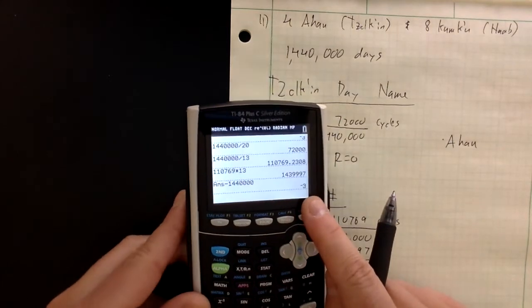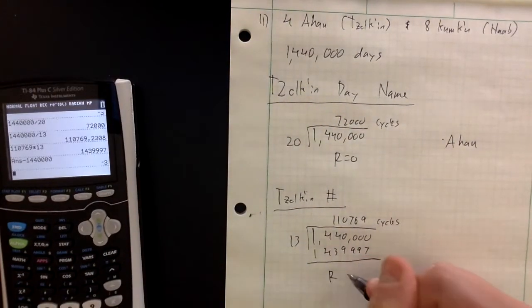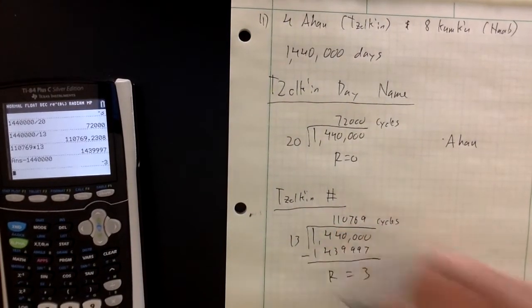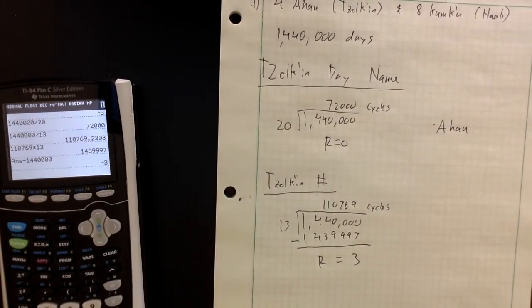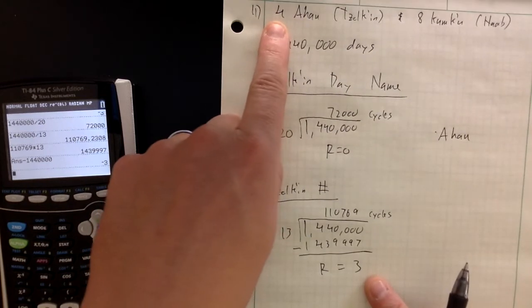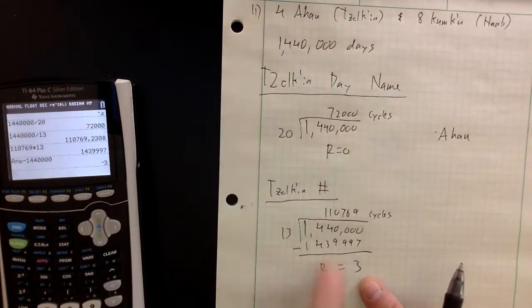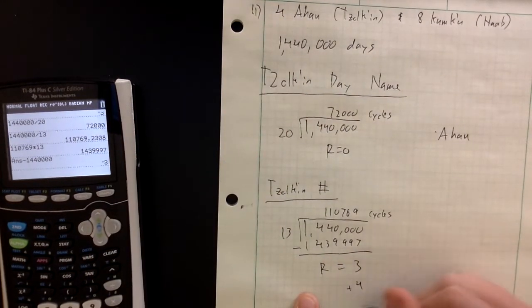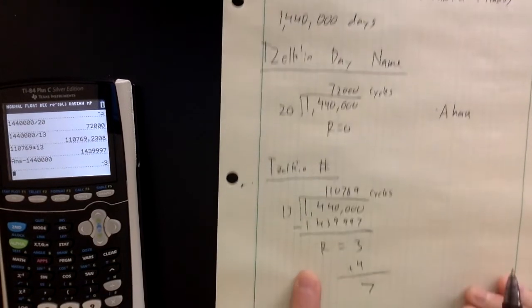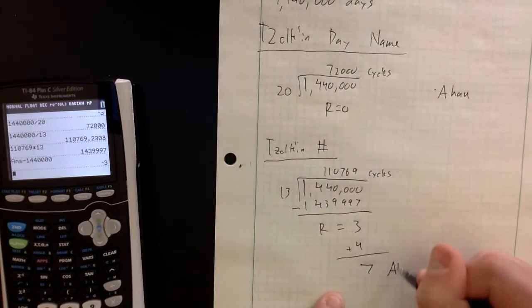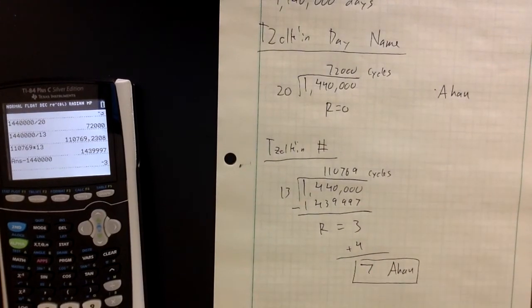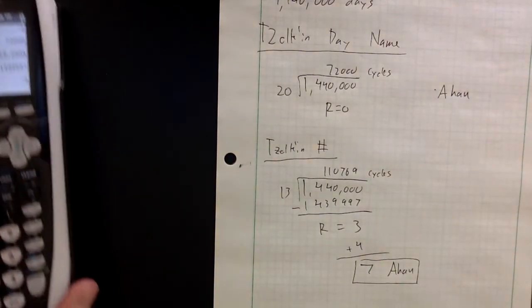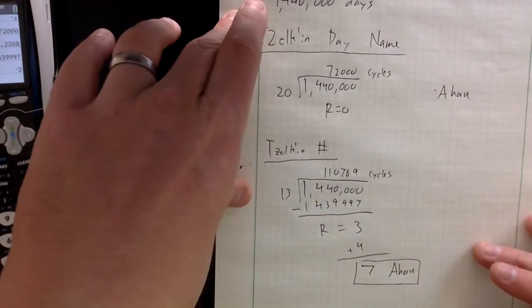I subtracted the opposite way, so it says minus, but the remainder is just going to equal 3 if we subtract those two. So the remainder is 3. That means we take the Ahau number, which is 4, and add 3. So we get 7, and then the day name is Ahau. Okay, so that's the new Tzolk'in date.